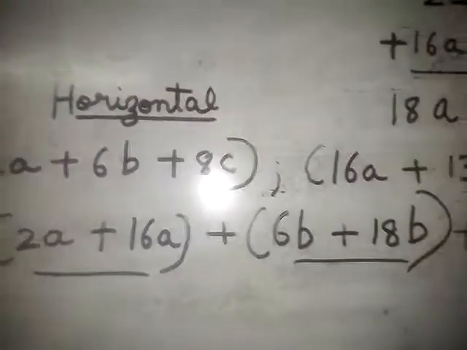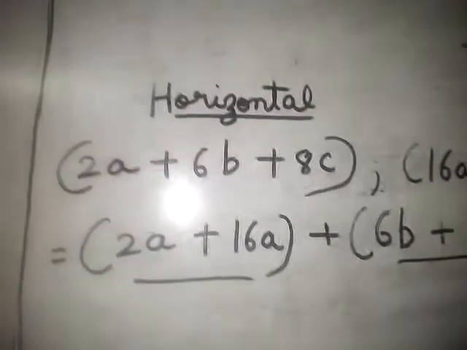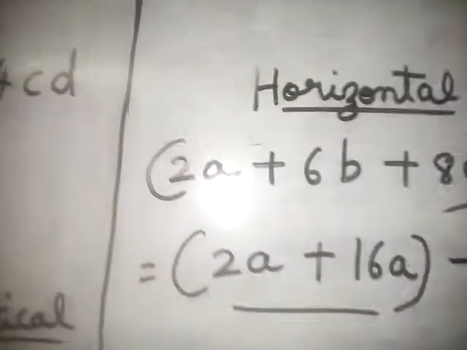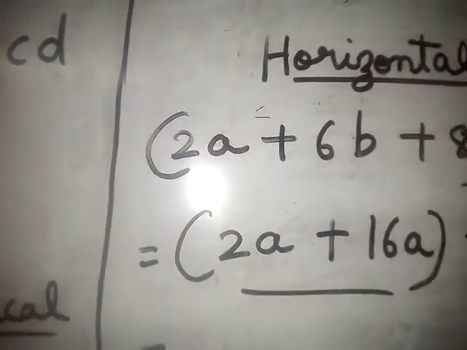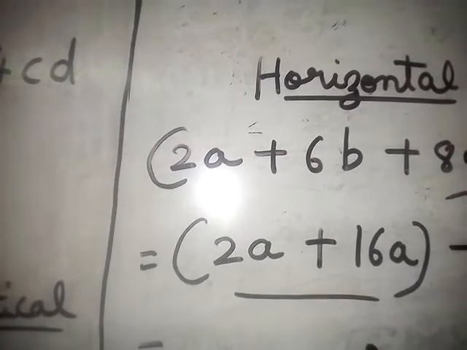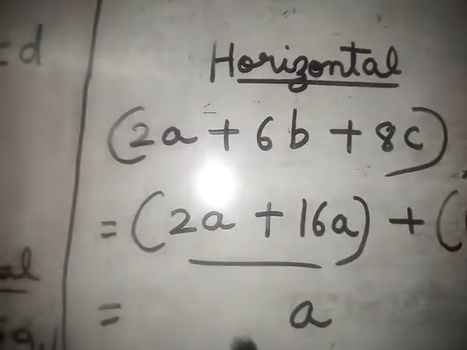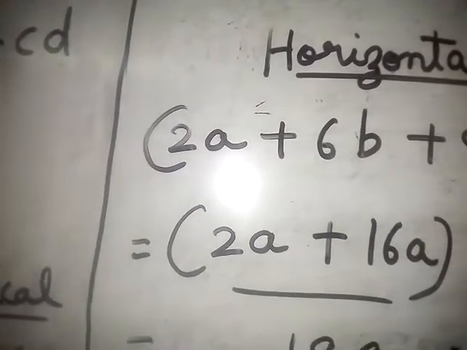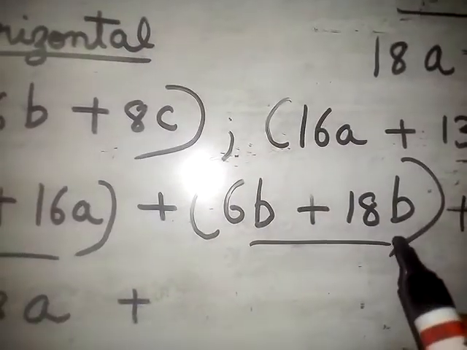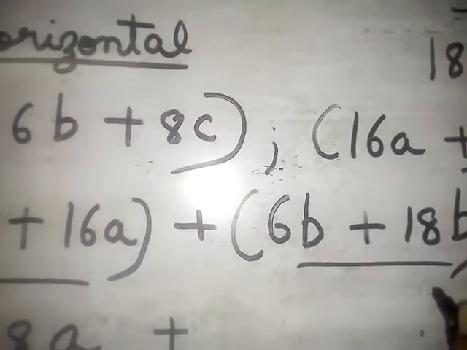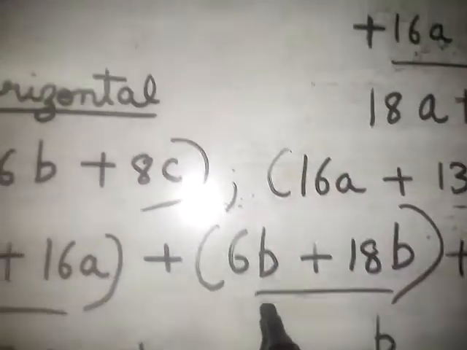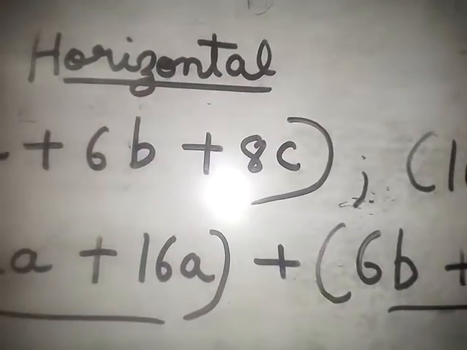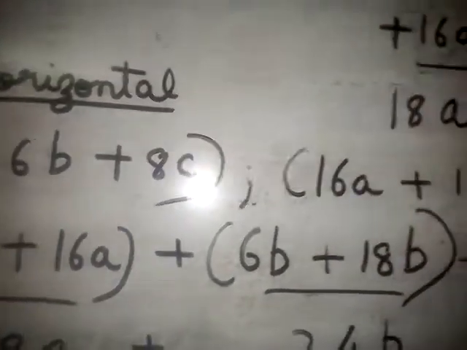If you have the same variables, variables cannot be added, only the numbers can be added. a and a, 2 plus 16, 18. b, 6 plus 18, 24.